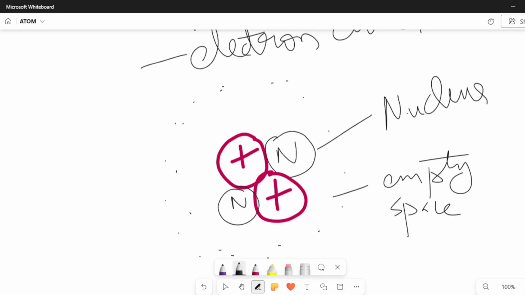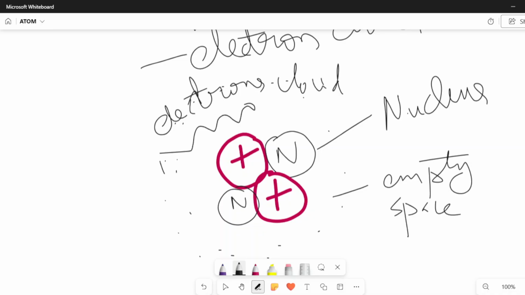Around this empty space, your electrons are present. So an electron cloud is present around it. If you have noticed, I'm using the word cloud, not electrons, because electrons are present as waves around it. They are present in wave form, vibrating.